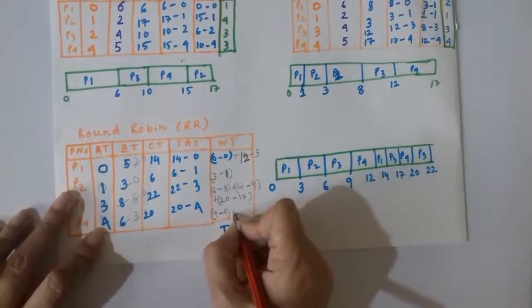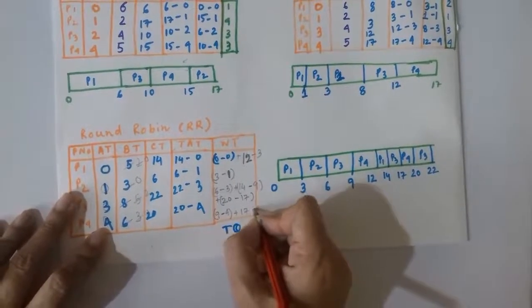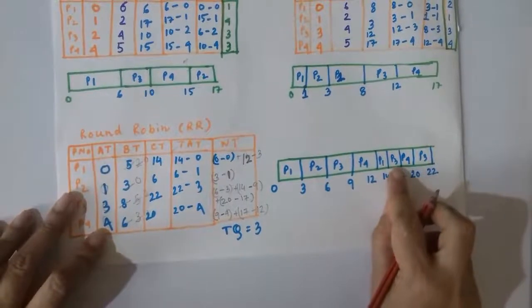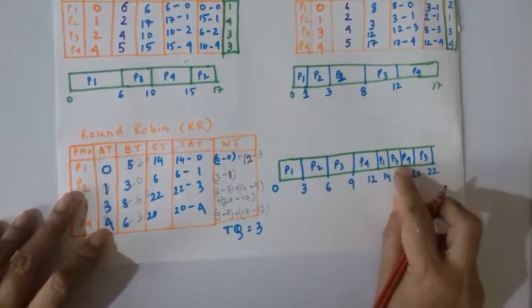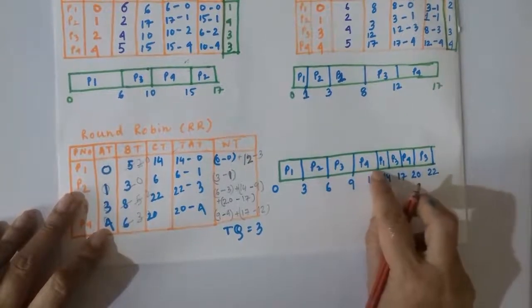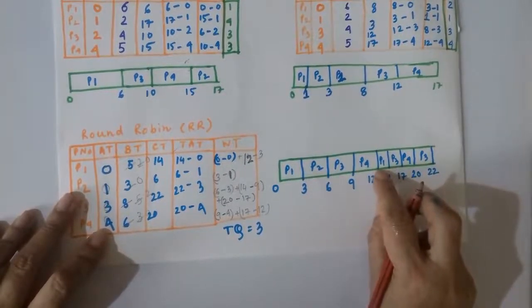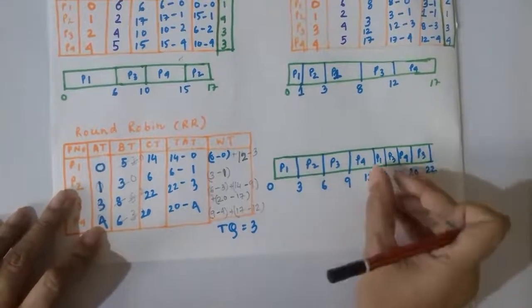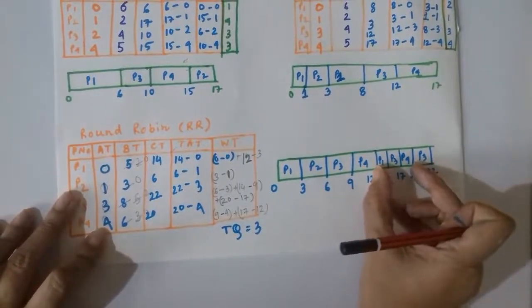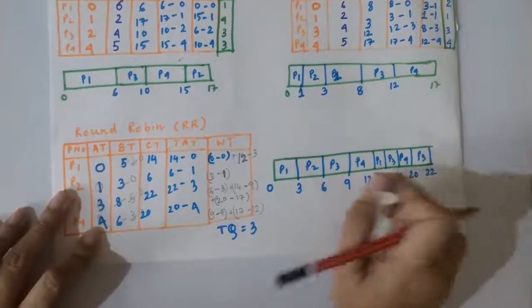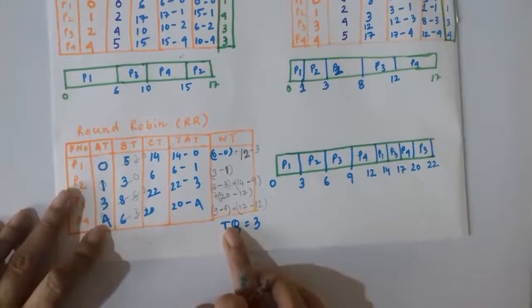So we should write plus 17 minus 12. From when it started executing, we should go back up to the point P1 was executing, which we considered before. So now we need to consider this part. In this part, this is the execution part and this is the waiting part. Okay. So these are the values.